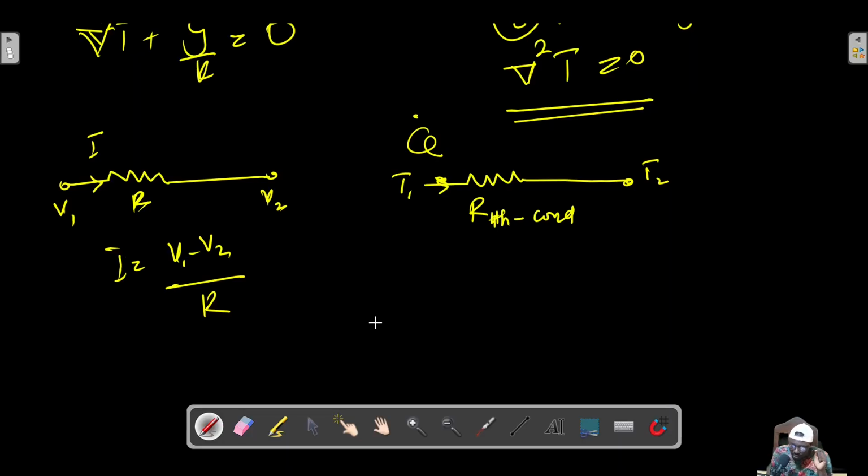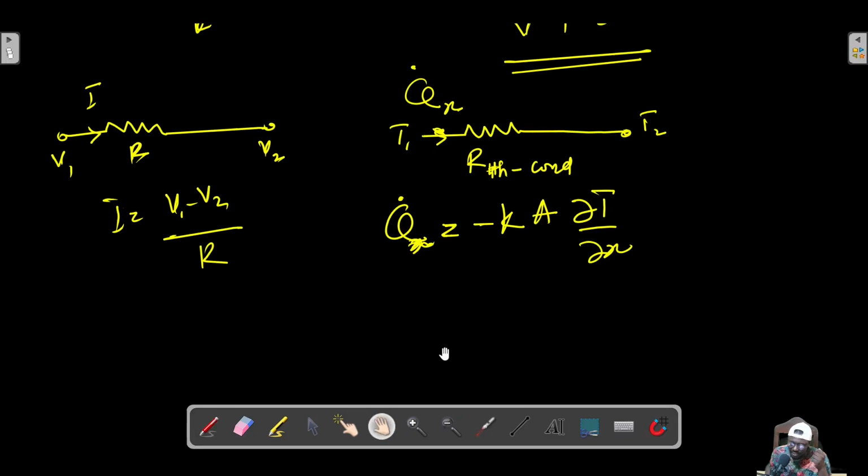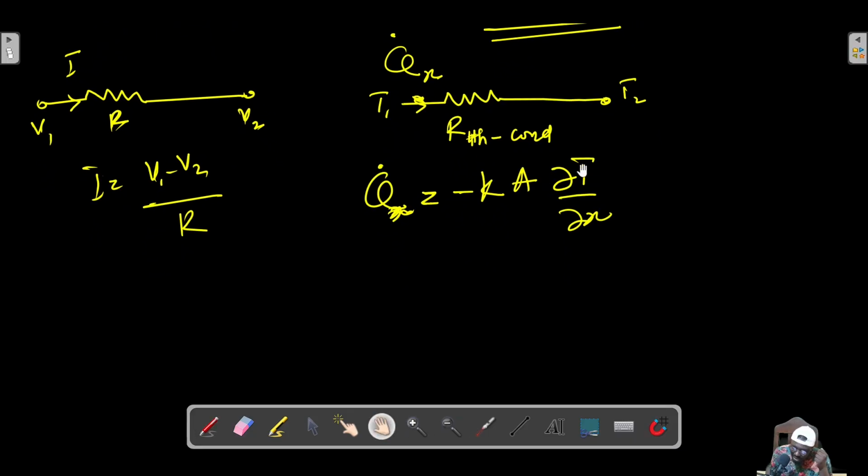Now you remember from what I told you, from Fourier's law, that Q dot is equal to negative K A del T over del X. Let's just say the heat flow is along X. Now the temperature difference is the del T.